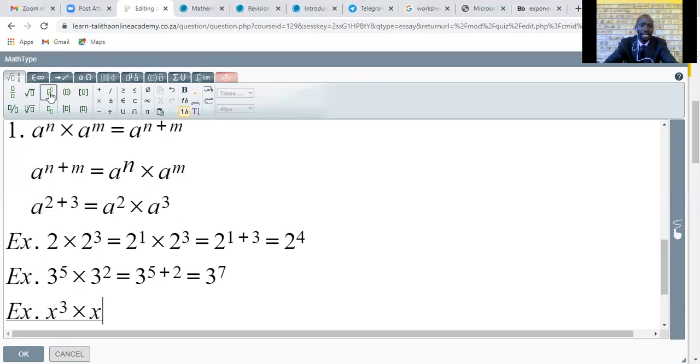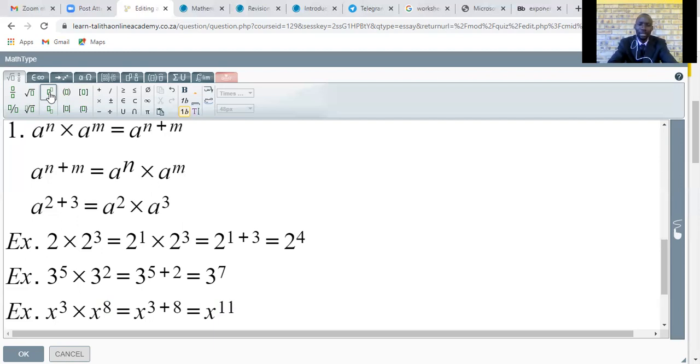So this second x is raised to the power of 8. In other words, it has an exponent of 8. So how do we deal with this? Well, this will give us x with exponent of 3 added to 8, which we can simplify as x with exponent of 11.